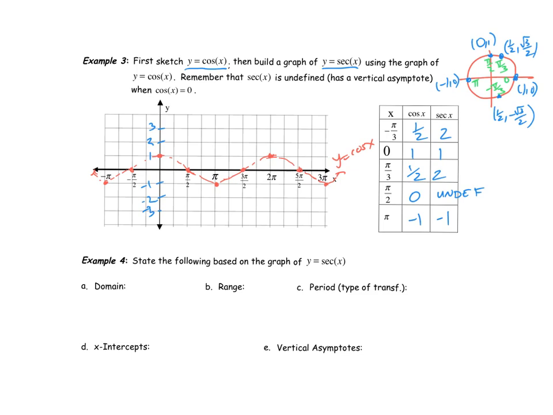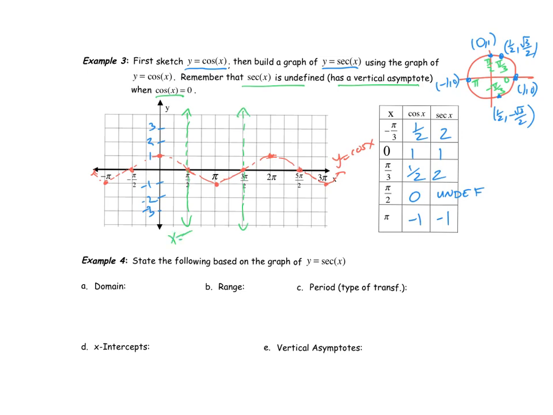And now we are going to graph secant x. Everywhere that cosine x is 0, secant x will be undefined. So it'll have a vertical asymptote. When graphing secant, I am going to put in vertical asymptotes at every x value where the cosine function is 0.